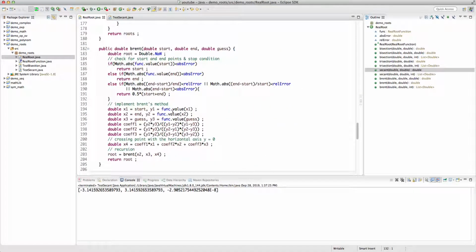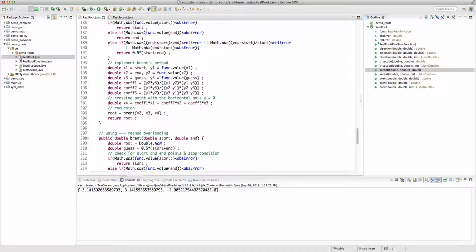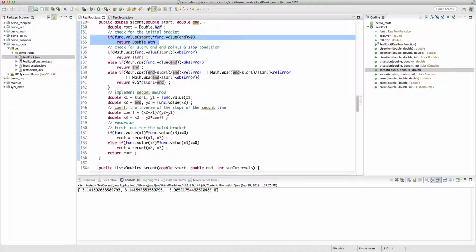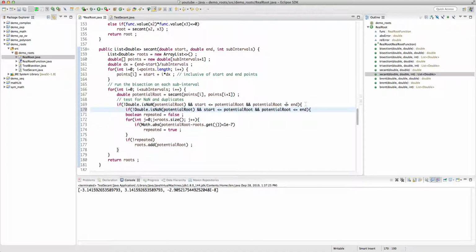Now the question is, in the secant method, we had this test to make sure that the root is actually in the interval, and let's see what happens now if we remove that. Because of the improvement that we made, we are guaranteed that if there is a root in the bracket, we should be able to converge to it.